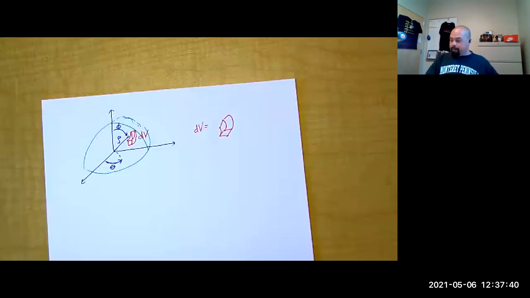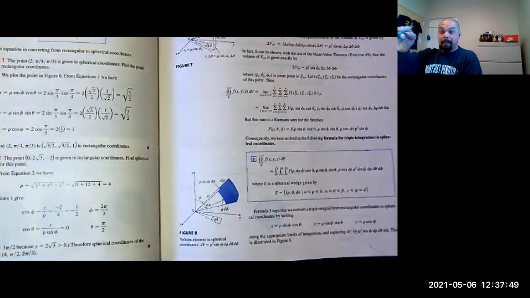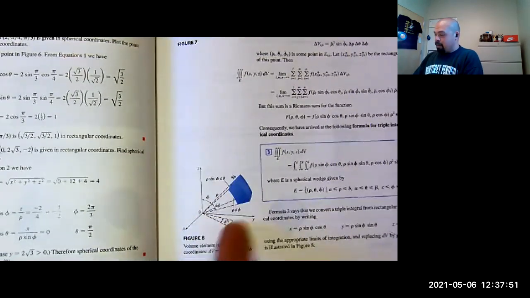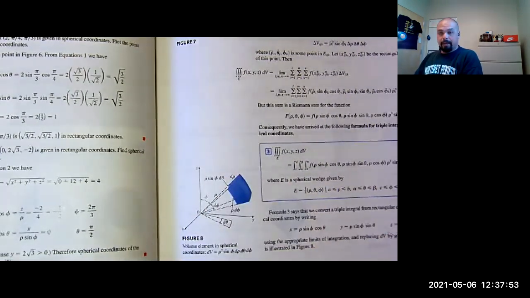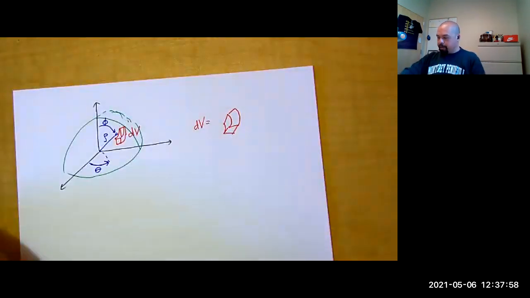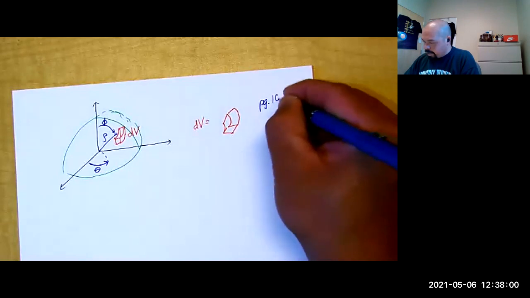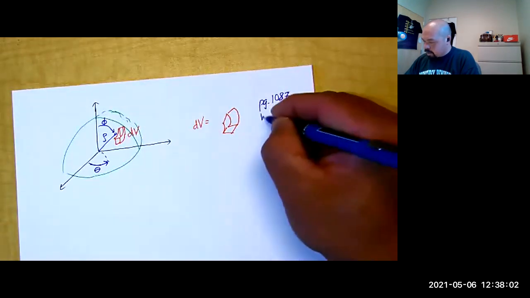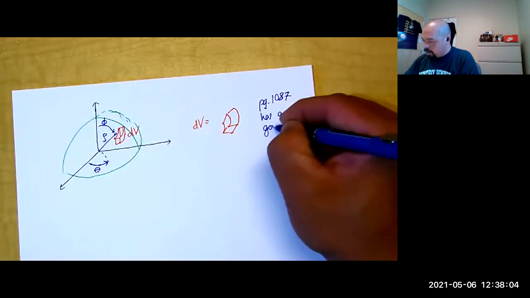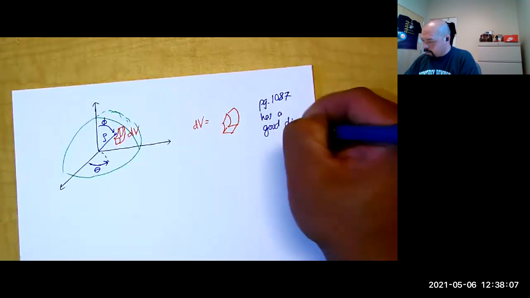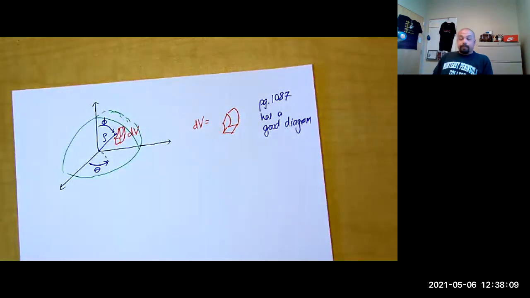There's a good diagram on page 1087, probably a much better diagram of this block. So let me put that note here: page 1087 has a good diagram, a good figure to follow.